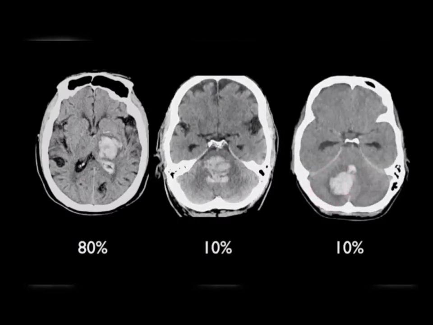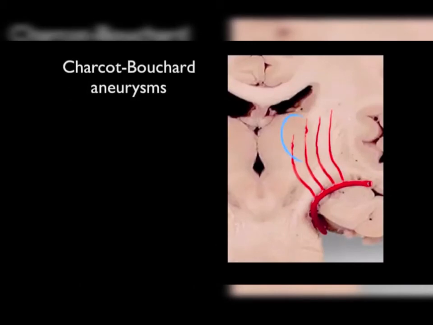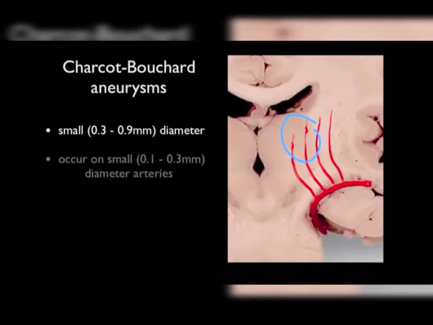This distribution correlates with the distribution of the underlying pathology, which is thought to be so-called Charcot-Bouchard aneurysms or microaneurysms. These are small aneurysms, typically between 0.3 and 0.9 millimeters in size, arising from small perforating vessels whose diameter is 0.1 to 0.3 millimeters.